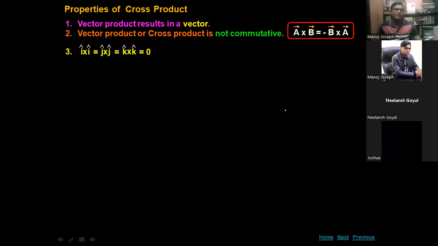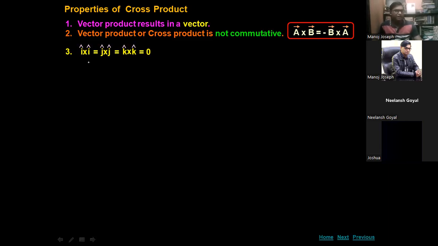Therefore, I have written here that vector A cross vector B is equal to negative of vector B cross vector A.